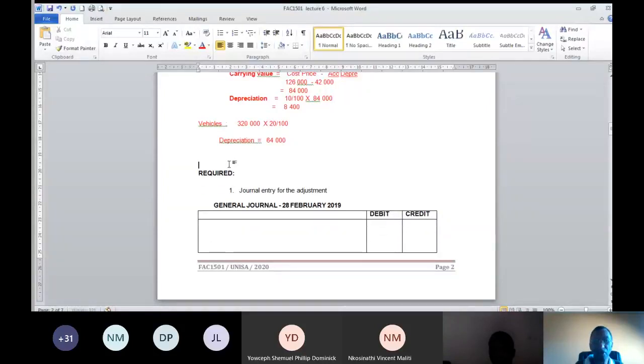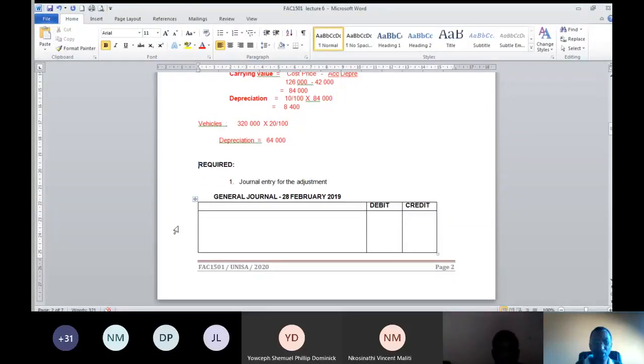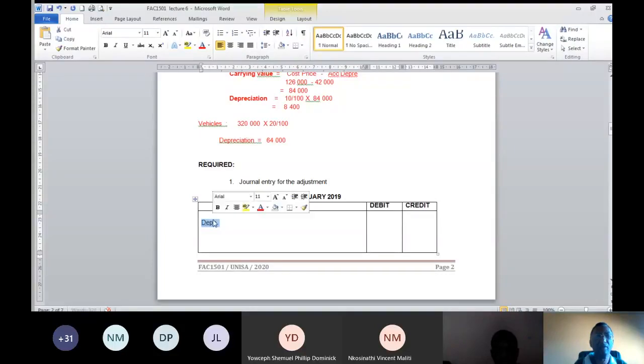If I must now do the journal entry for this, I will say, I debit my account, depreciation. Depreciation is an expense. I debit my account, depreciation. And my depreciation expense for the year is 8,400.